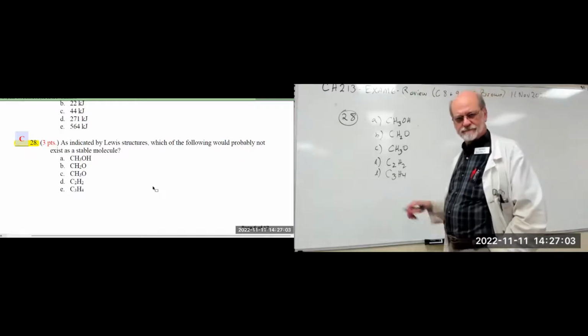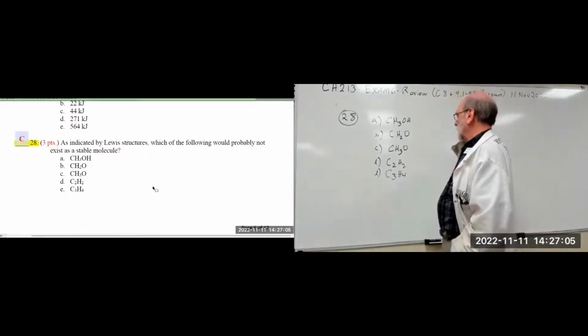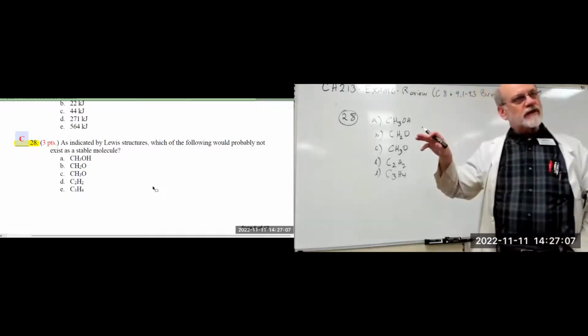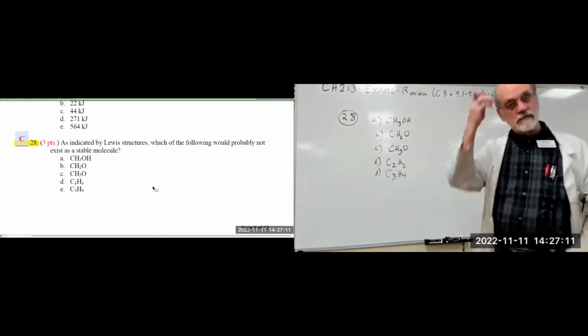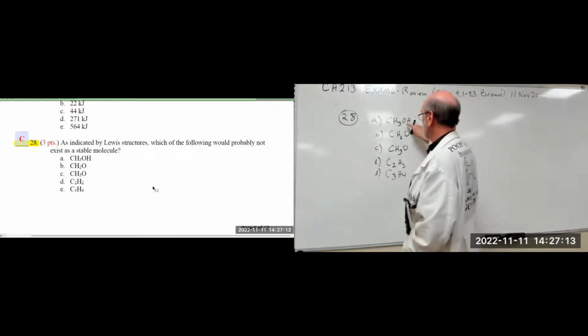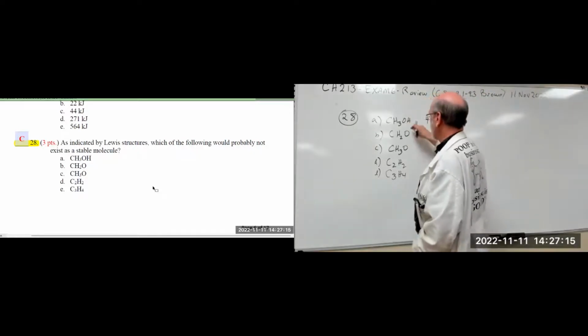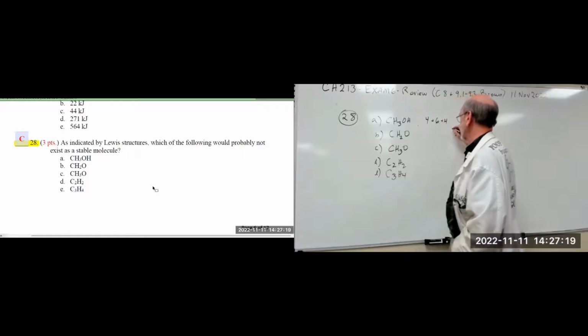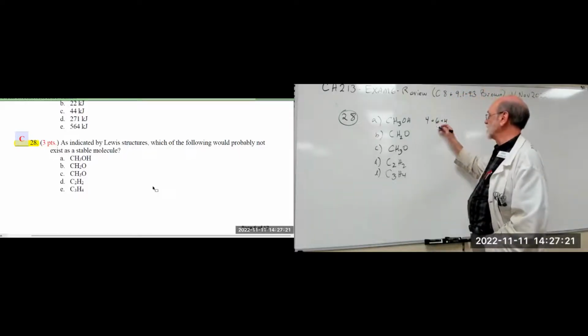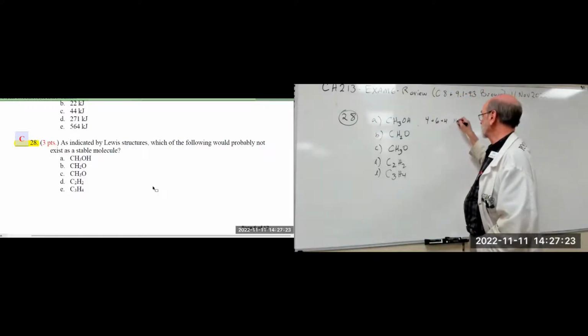Propene. Anyway, in order for it to be a stable molecule, we have to write a valid Lewis dot structure first. So this would be 4 for the hydrogens, 6 for the oxygen, and 4 for the carbon. Right, so that'd be 4, 8, 14.